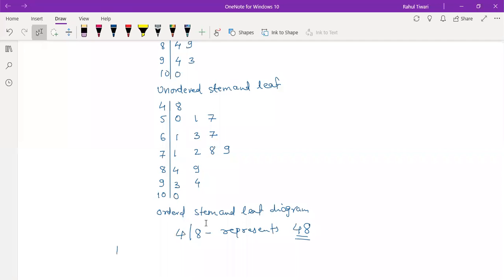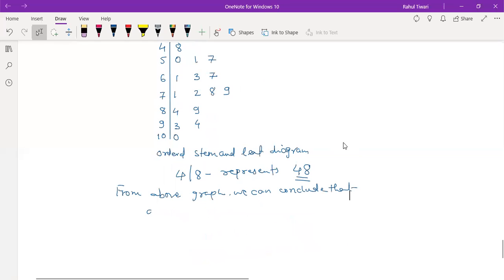And from the above graph, we can conclude that the data is normal. I will say normally distributed.